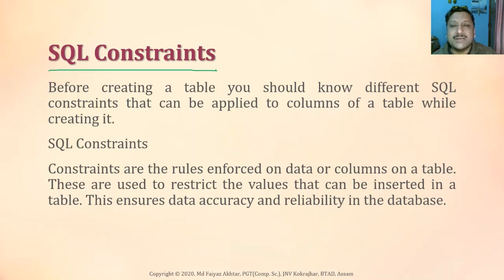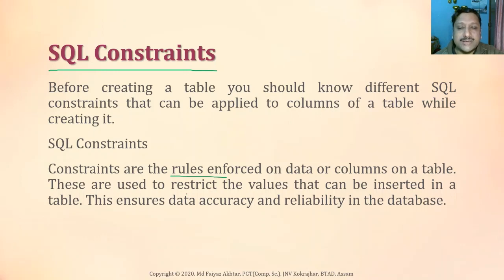Consistent means if you add these constraints, the database will become consistent, and it will store reliable data which we can trust. So constraints are the rules enforced on data and columns on the table.